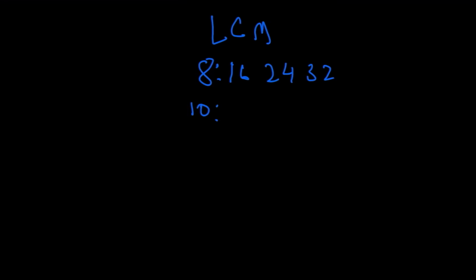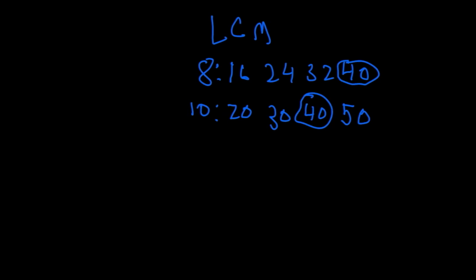And then the multiple of 5 for 8 is going to be 40. And then I'm going to do the same thing for 10. So 10 times 2 is 20 for a multiple of 2. 10 times 3 is 30 for a multiple of 3. 10 times 4 is 40 for a multiple of 4. And 10 times 5 for a multiple of 5 is 50. So I can circle the two like numbers for my LCM to get 40.